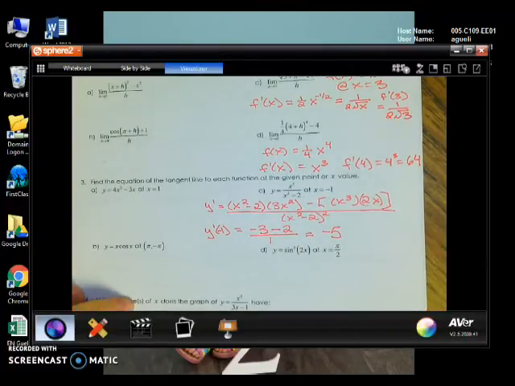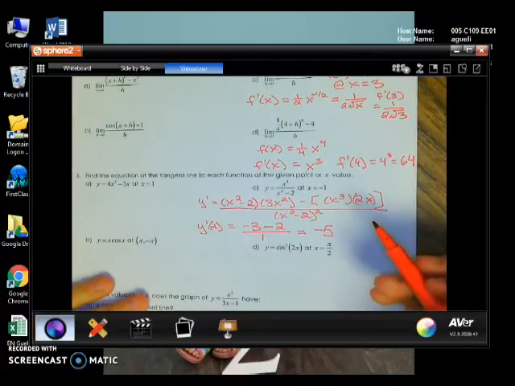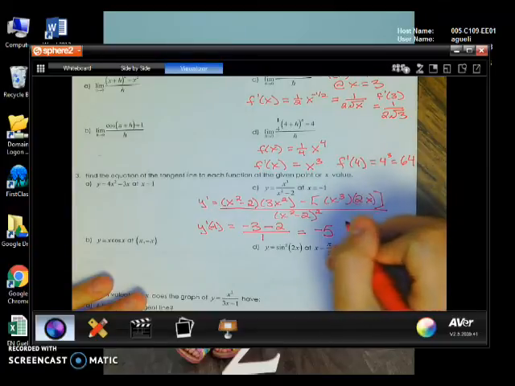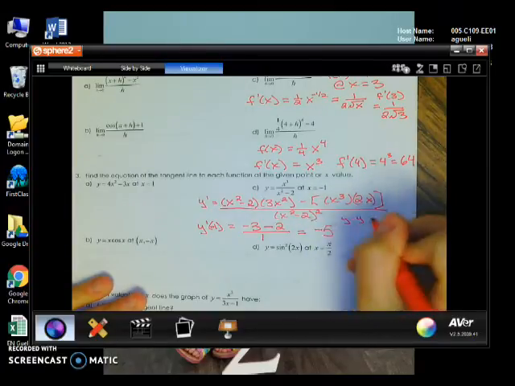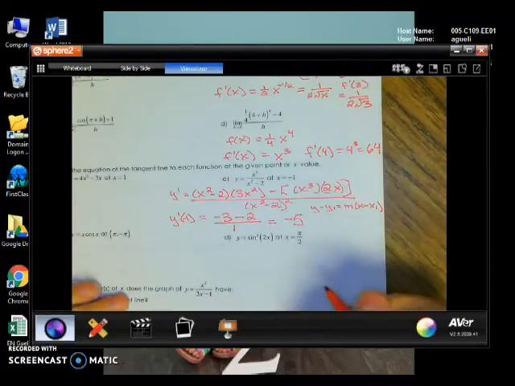If you stop there, you're going to get points off because that is just the slope of the tangent line. They asked me to write the equation, so you need to figure out the original y value, and then use point slope formula. Remember your point slope formula, y minus y1 equals m, parentheses x minus x1, okay.